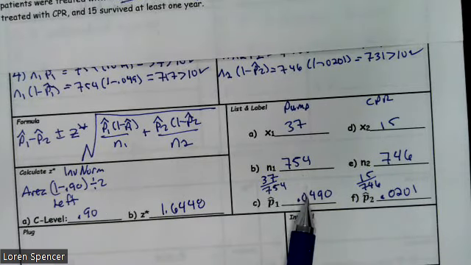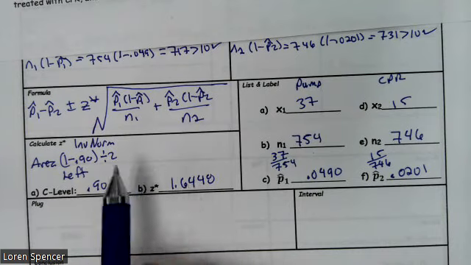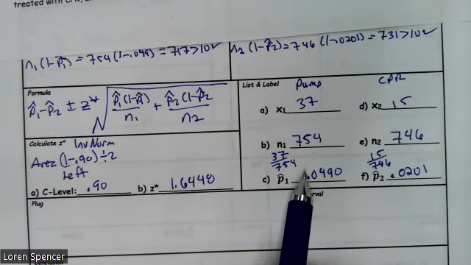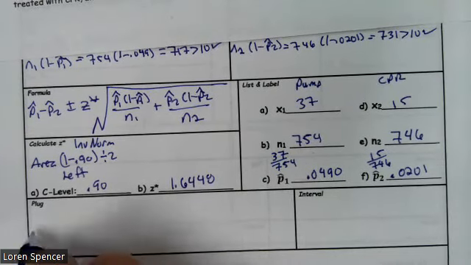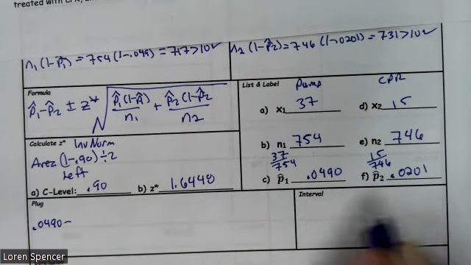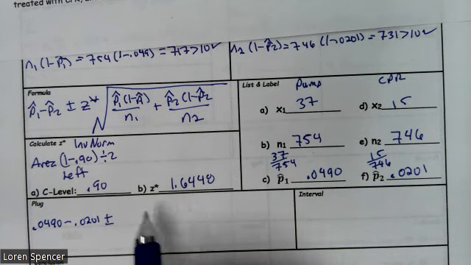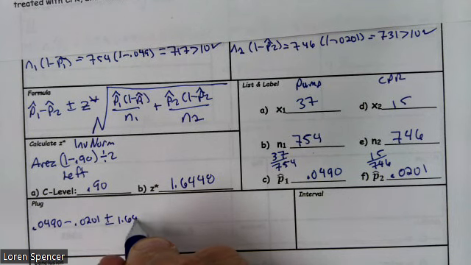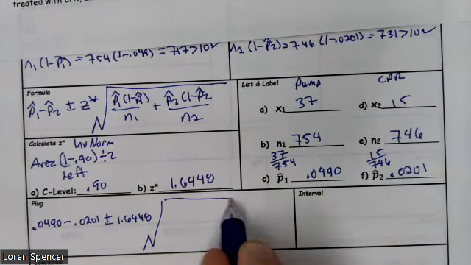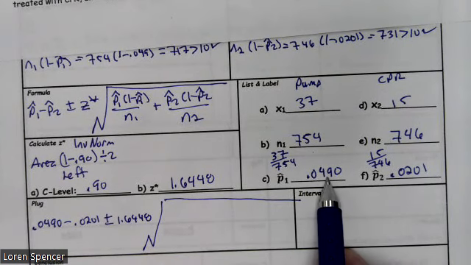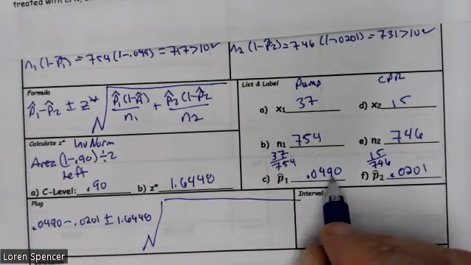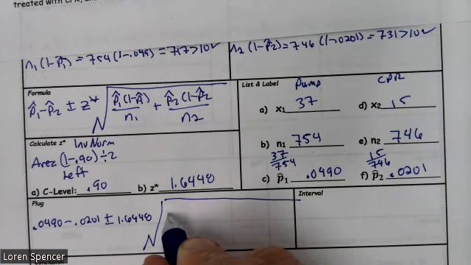And now we can go ahead and plug in to our formula. So p hat 1 is 0.0490, p hat 2 is 0.0201, plus or minus our z star is 1.6448. And because we have a shortage of room, I'm going to shorten these up a little bit. Instead of 0.0490, I'm going to do 0.049.